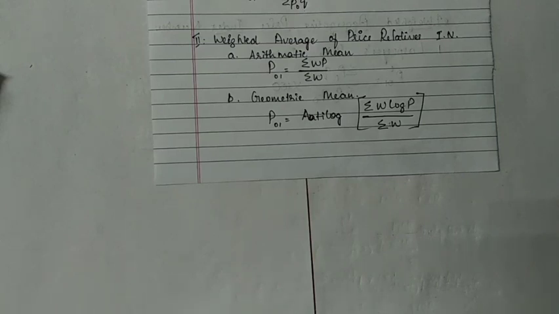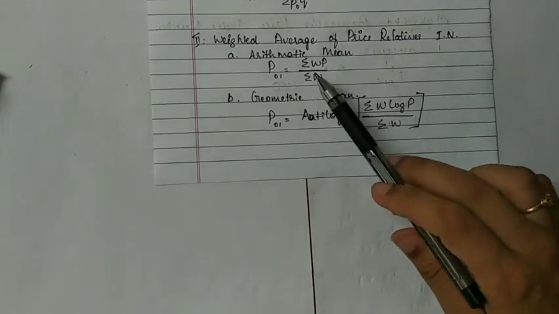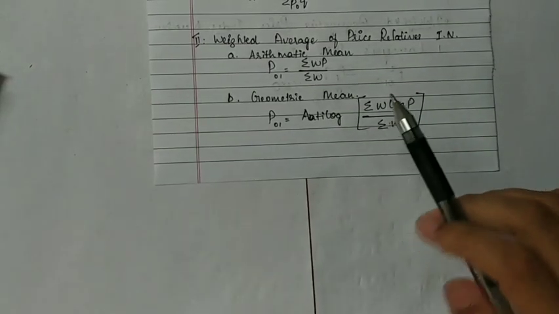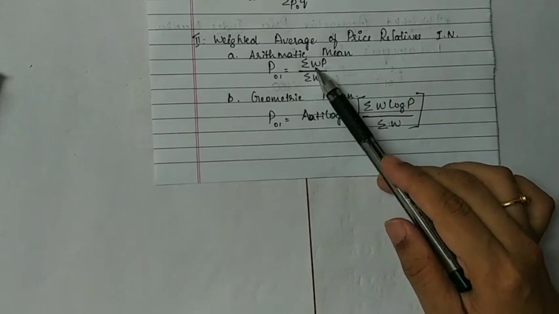Now let us start with the calculation of weighted index number, the second method, that is weighted average of price relatives index number. In this, just like the previous simple average of relatives, here also two are there, arithmetic mean and geometric mean. Here the only additional thing is W, that is weight.